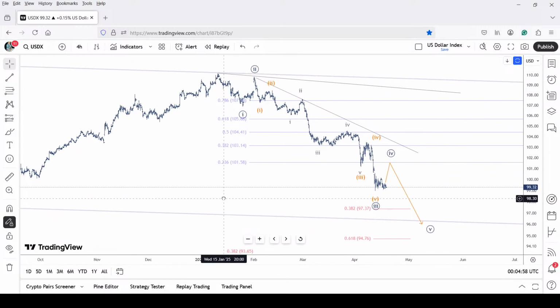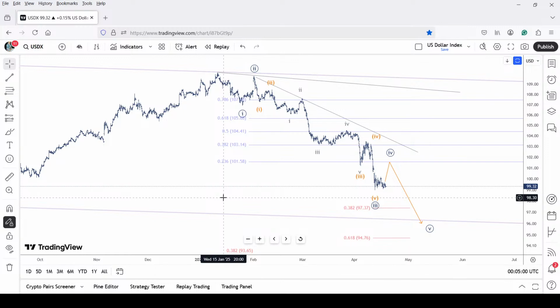All right, so overall wave structure and wave counts in the euro and the dollar index: euro bulls have still got one more room on the long side, on the bullish side, and it's still not over. The rally is still not over. And on the other side, the dollar index has still got room on the lower side towards 95, yeah, 97 and 95.